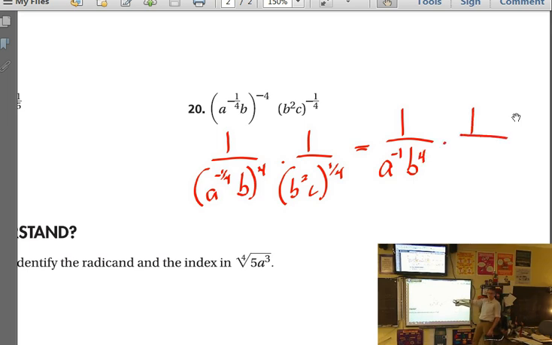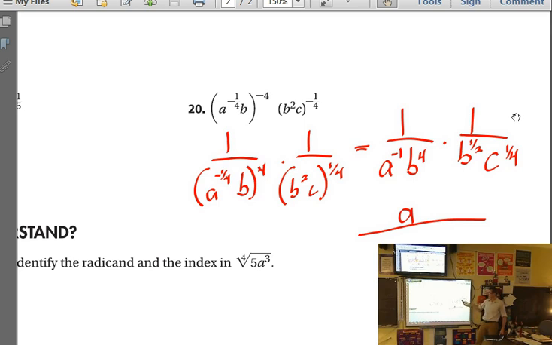B squared to the 1/4, I get b to the half. And c just becomes to the 4th. Now put things where they actually go. A to the negative first power really just means flip a back to the top. So my numerator becomes a, and it's the only thing up there.